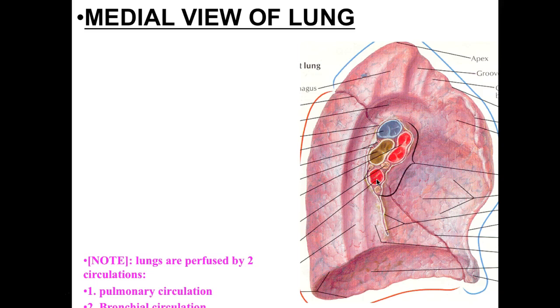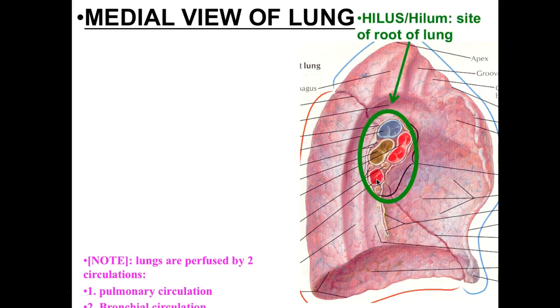If we look at a medial view of the lung, we would find this location where we have a lot of structures entering and exiting the lung, and this we are going to call the hilus or the hilum. Let me take a step back. The hilus or the hilum is a location, and in this location, we find the root of the lung.